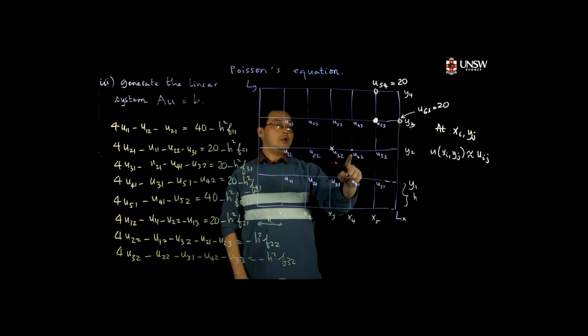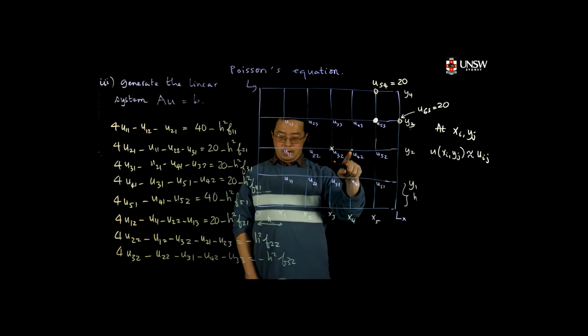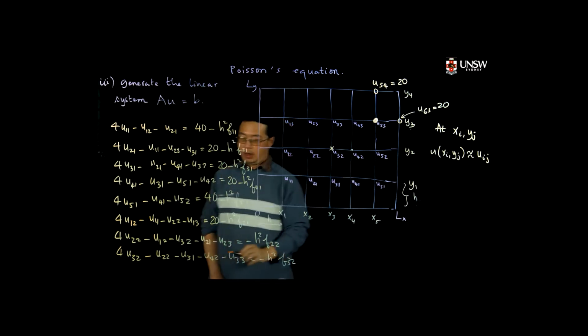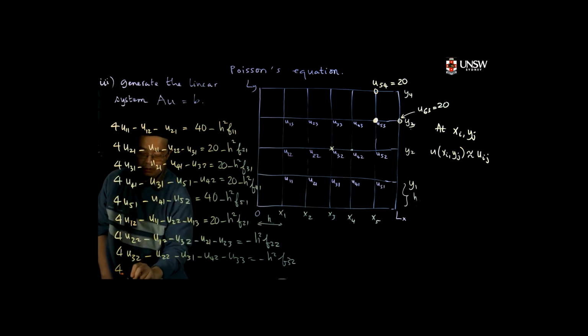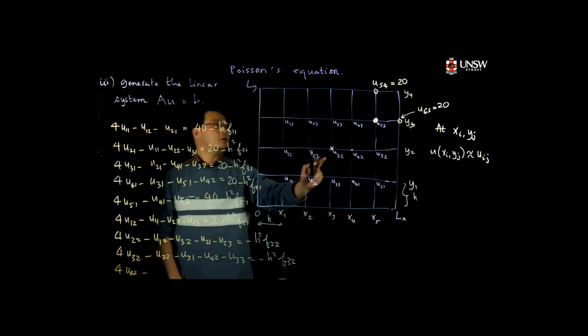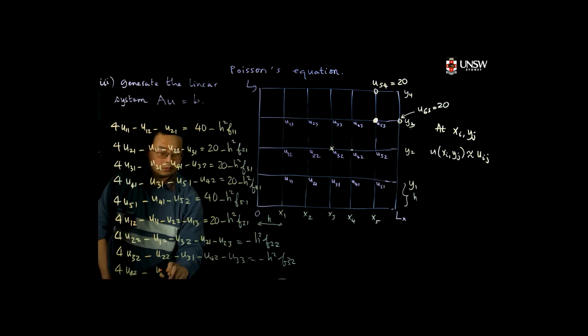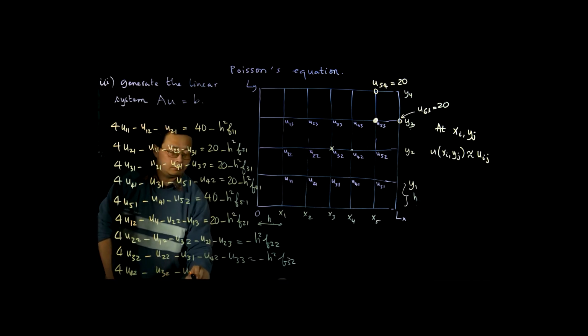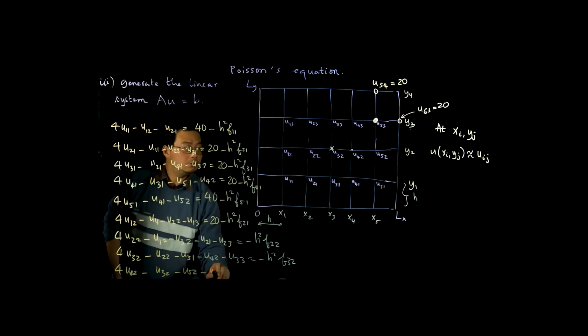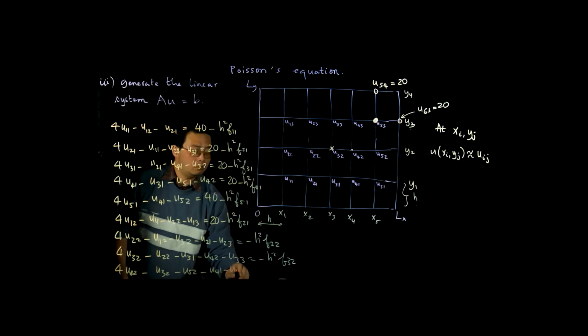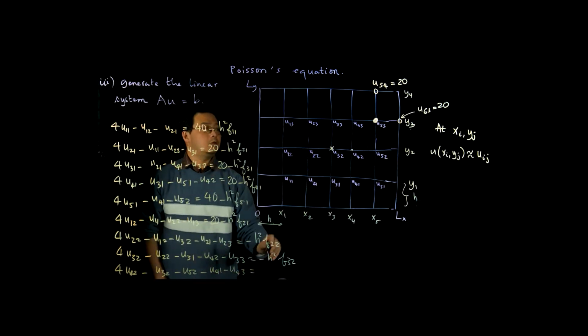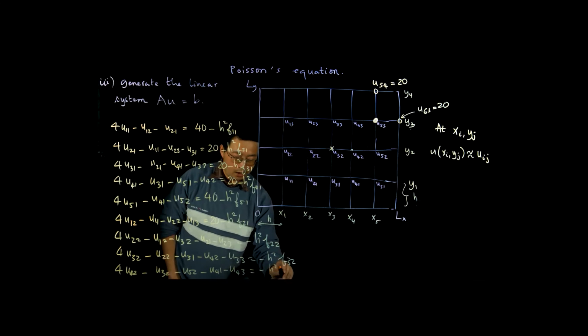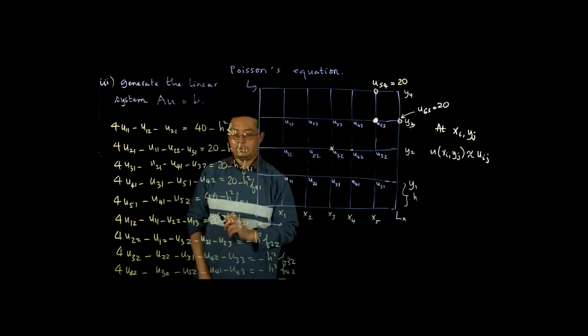And then at 42, we have 4 U42 minus U32 minus U52 minus U41 minus U43 equal minus h square f42.